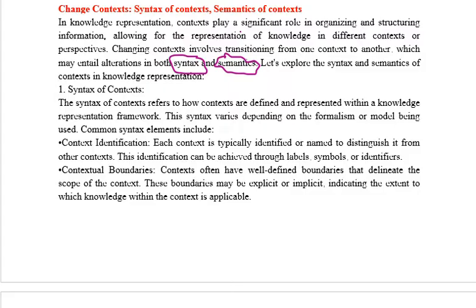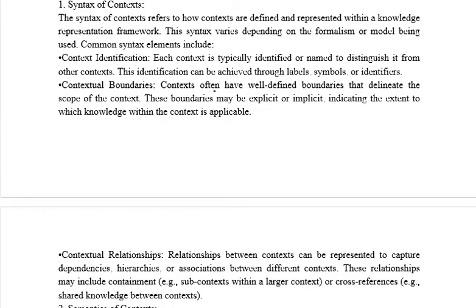Next one is contextual boundaries. What are contextual boundaries? Let's see. Contexts often have well-defined boundaries. What does a boundary mean? It's like the scope of the context. So boundary is nothing but the scope. What is the main scope of the context? What is the main scope of the particular paragraph which is there? That is considered as a boundary.